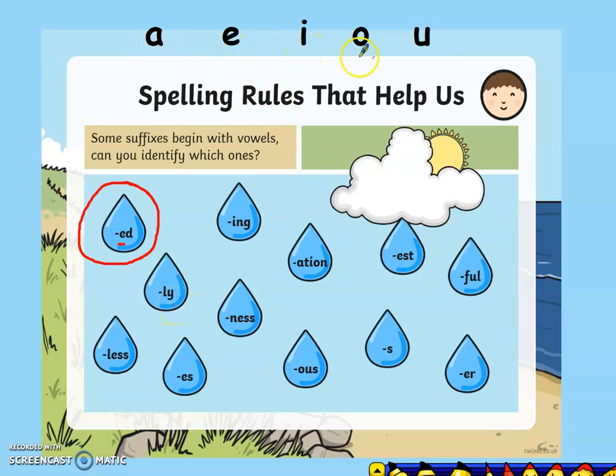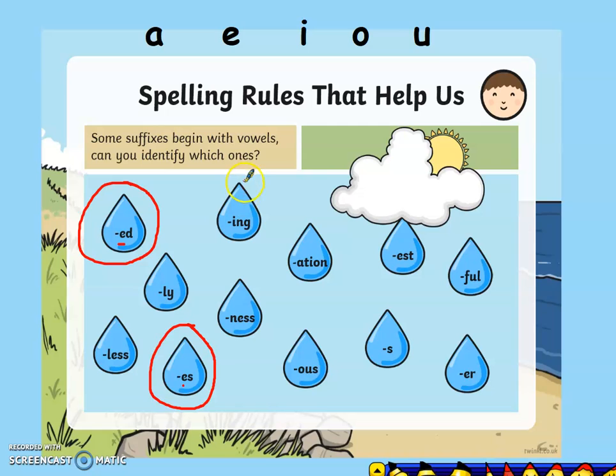Let's check. Nope, that one does not begin with a vowel. Less. Does that suffix begin with a vowel? No, it begins with an L. That's not one of our letters up here. Es. Yep, it begins with an E. Ness begins with an N, so we know that one isn't one.